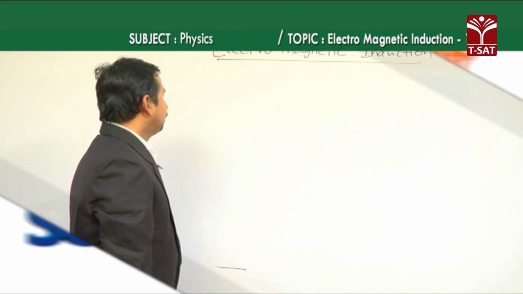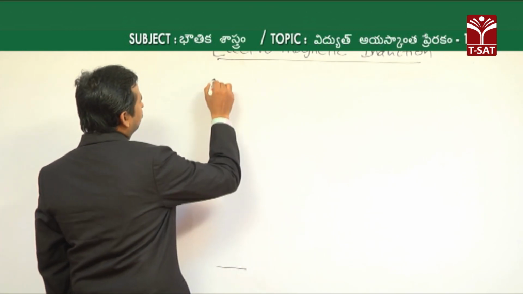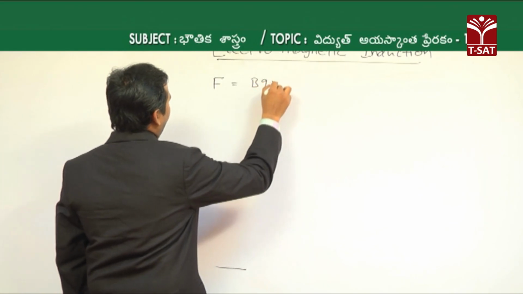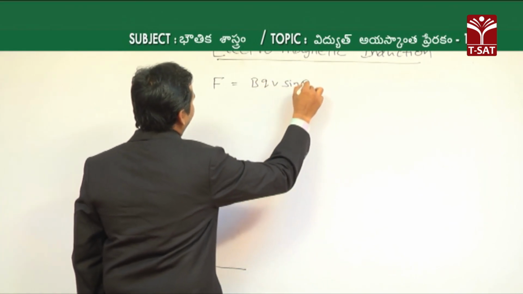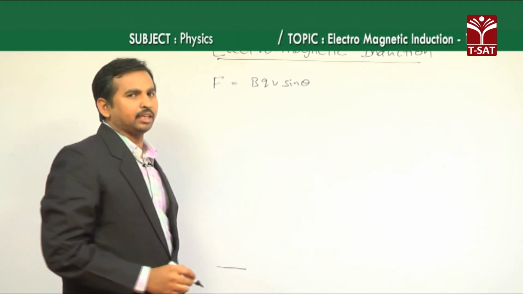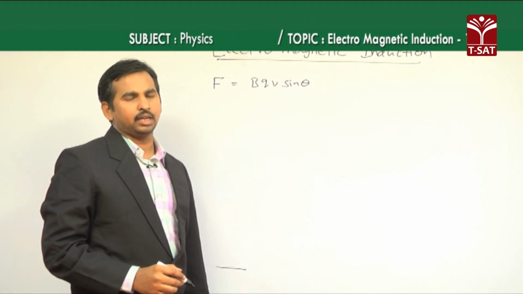So finally we got a formula to find the force acting on a charge. F is equal to BQV sin theta, which is for the general case, where theta is the angle between the magnetic field strength and the velocity.